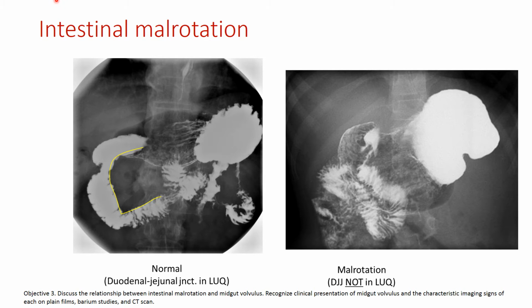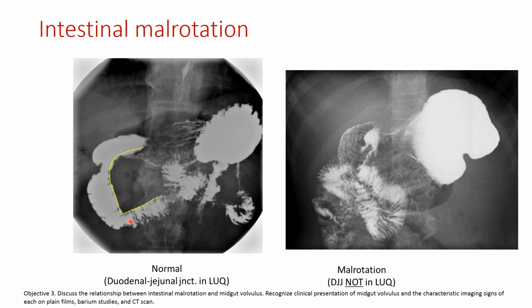But basically, on X-ray or on barium study, this is what the proximal bowel should look like. The upper gastrointestinal part: you have the stomach. Coming out of the stomach is the duodenum. The duodenum makes this C shape. You can see the C, because right in this part is the pancreatic head.